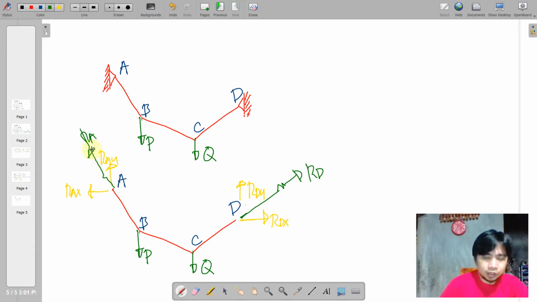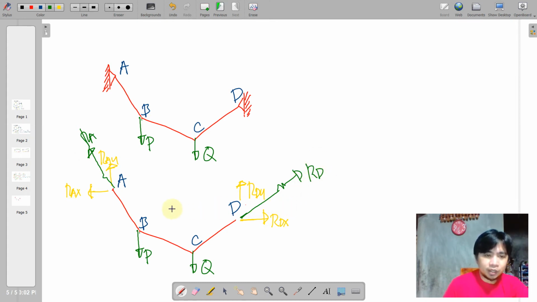We should note that these resulting reactions shall be parallel or aligned to the adjacent cable, which for RA, the adjacent cable is AB, and for RD, the adjacent cable is CD. Therefore, they will have to be aligned in a single line, along the slope of AB and along the slope of CD for RD.